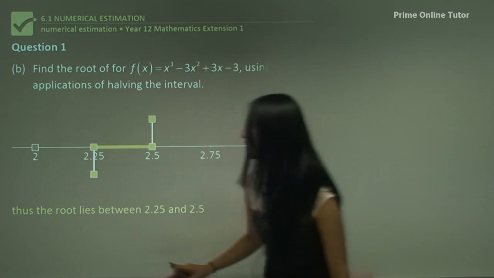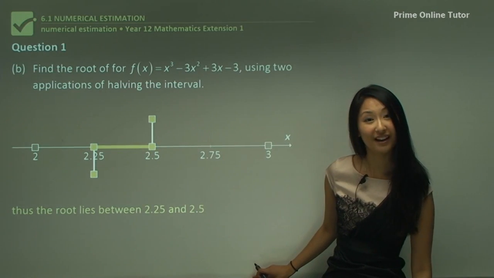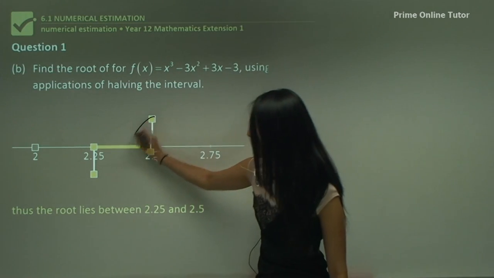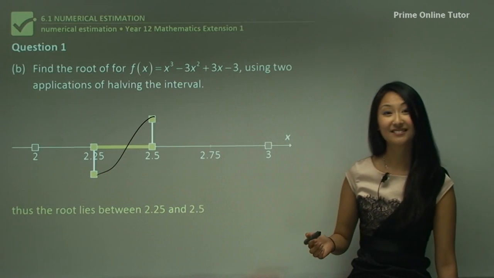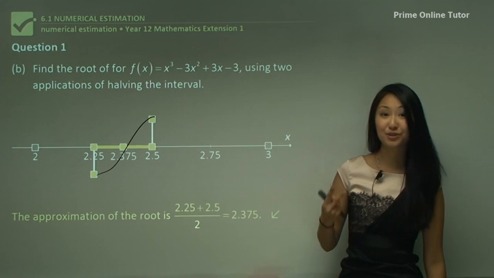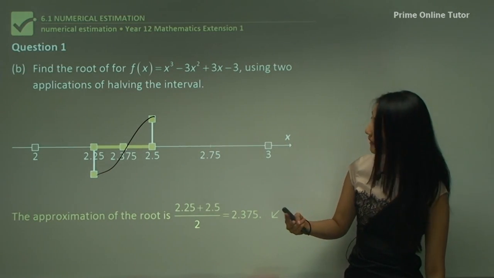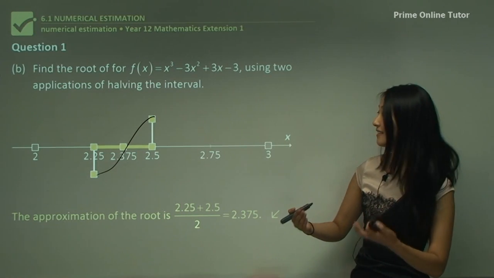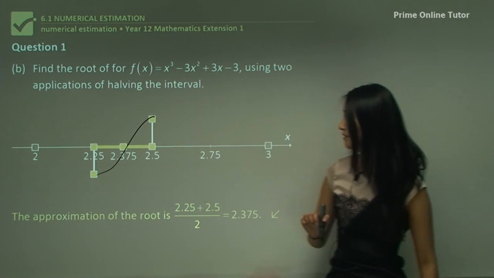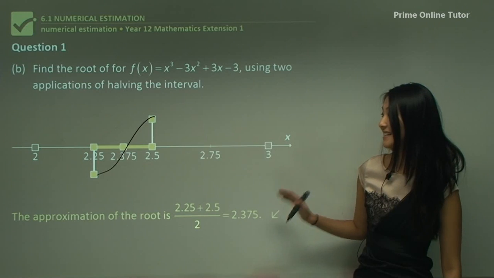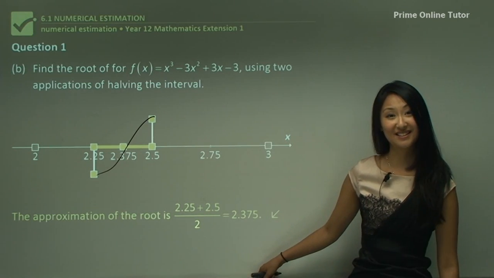So now we can eliminate between 2 and 2.5. So it's going to be in between there like that. And we've worked out our 2 applications, so now we just need to approximate. So between that is 2.375. So that is our approximation of the root in this case.